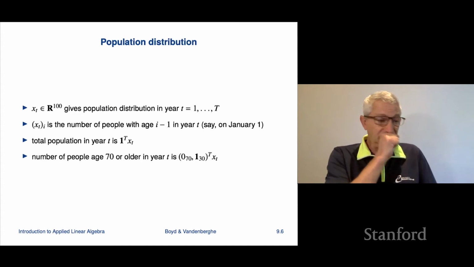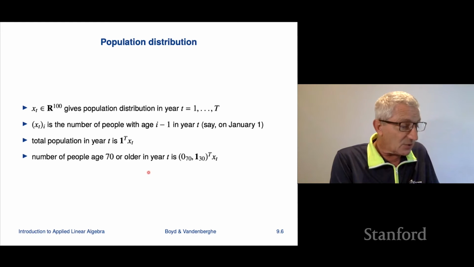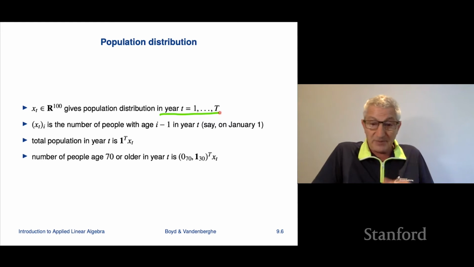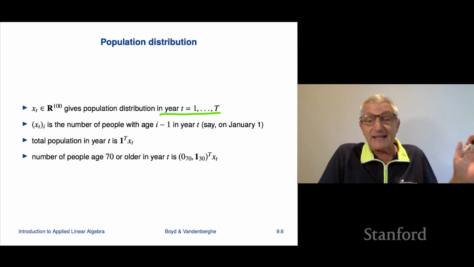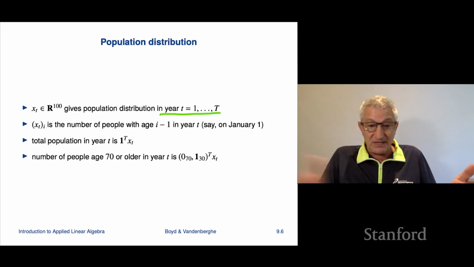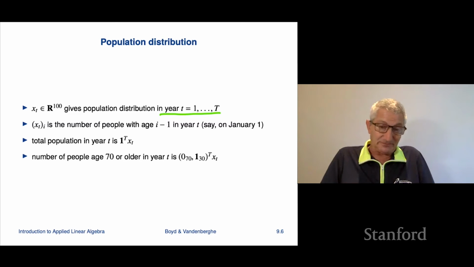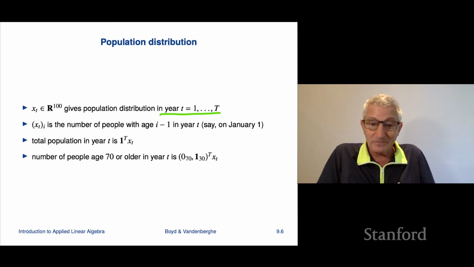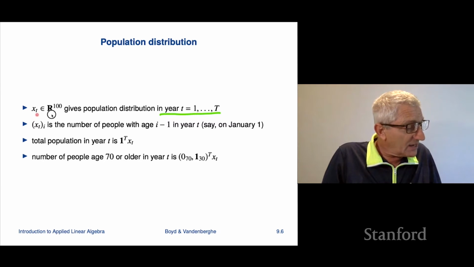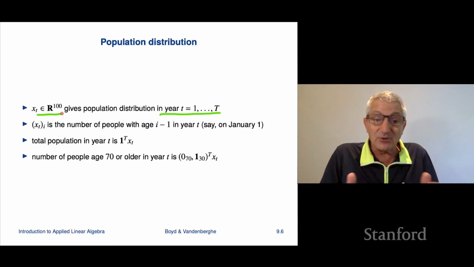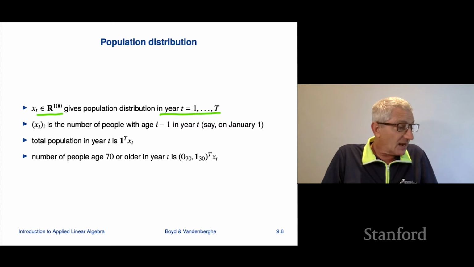So here it is. What we're going to do is t is going to be years. And we don't mean the year 1 AD. We mean the year relative to some fixed year, like this year or 2010, something like that. Okay, and then xt is a 100 vector. So it's 100 entries, 100 long.